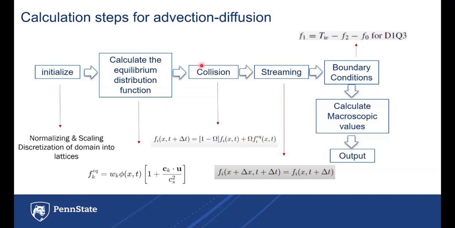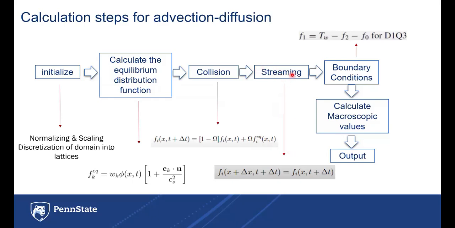And the third step is the collision. The equation involved in this calculation is listed here. The omega here means the relaxation time for this domain, and the fourth step is the streaming step.